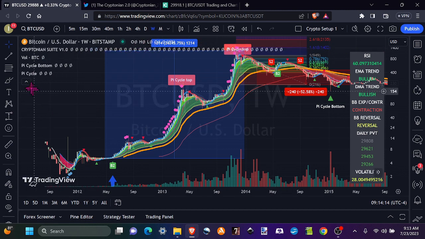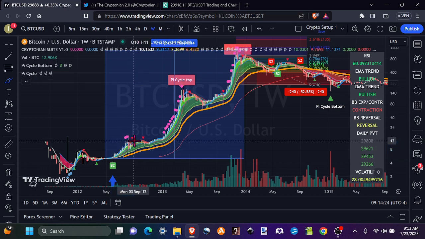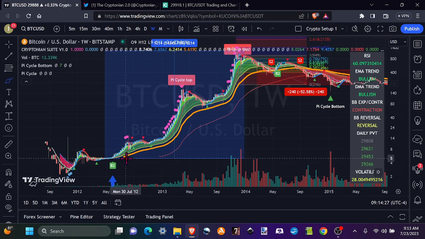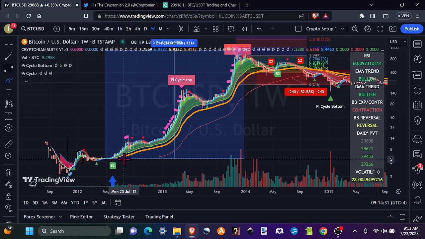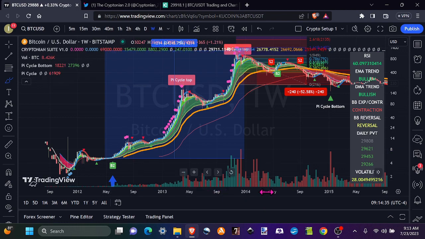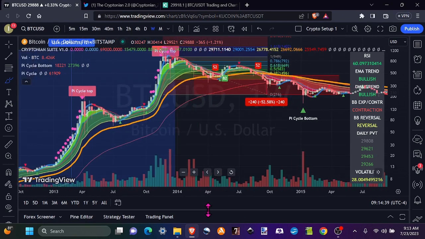So anyway, we have a signal here, a B2 signal, and then the price went up into a nice uptrend. We're above the 50, which is this orange line, and we're above the 30, which is a thin yellow line. That's the bottom of the cloud, right? And so from that point, we went up.